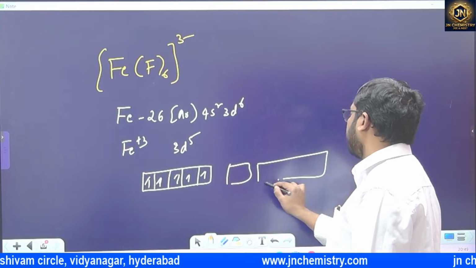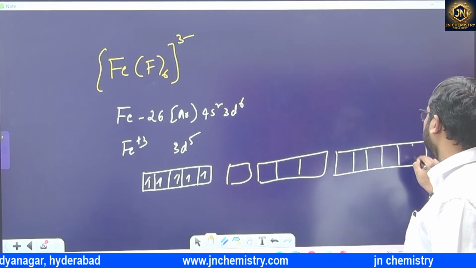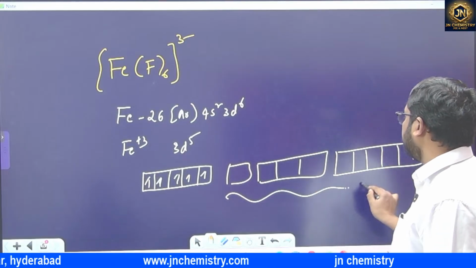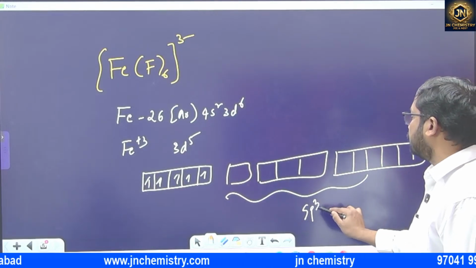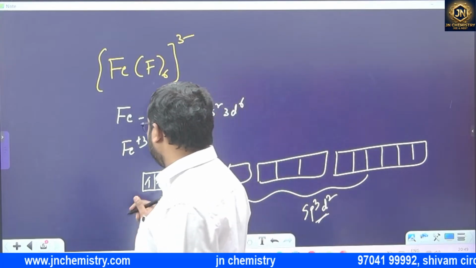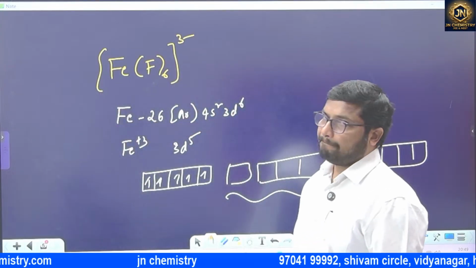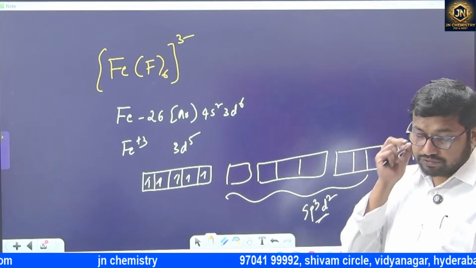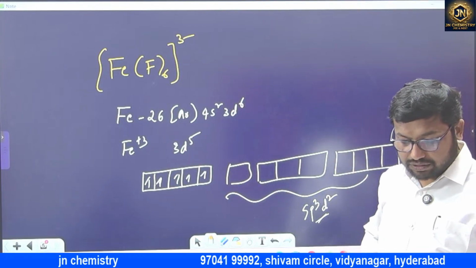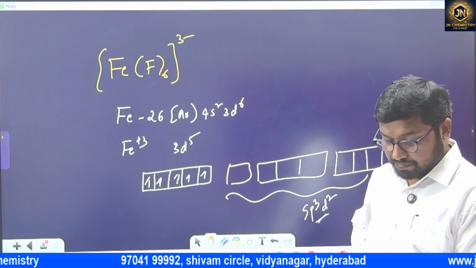So this is a weak field ligand. So sp3d2, sp3d2, yes or no? Got it? So they'll ask which of the following, means we need to be very fast now. Okay now?